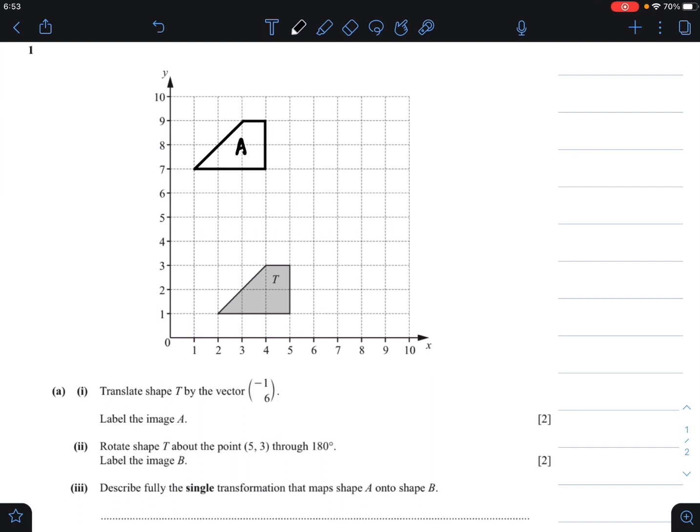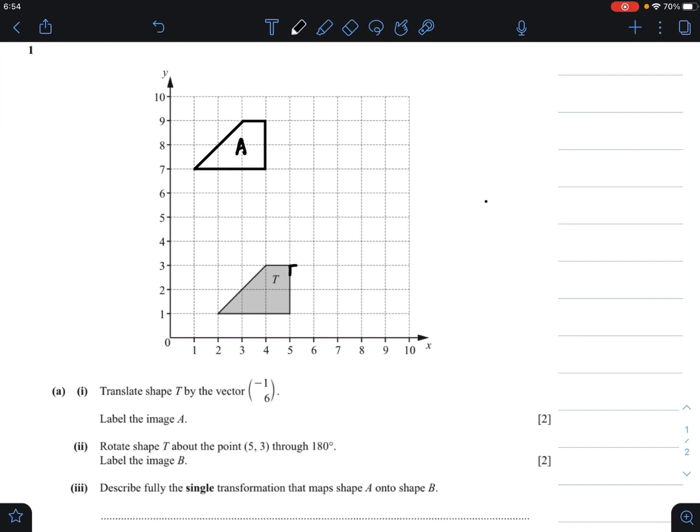So what you do is you place that translucent sheet on the graph and you mark the point 5,3 like this on your translucent sheet, and you trace the shape T with a pencil on the butter paper, and you rotate your butter paper 180 degrees.